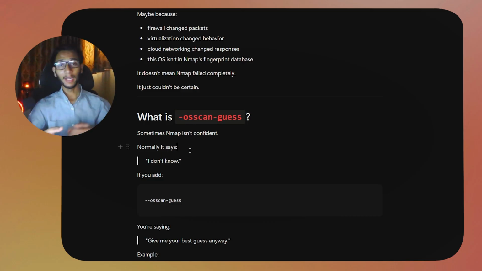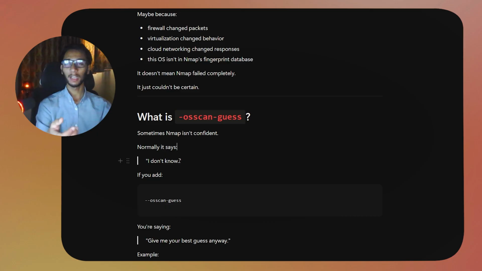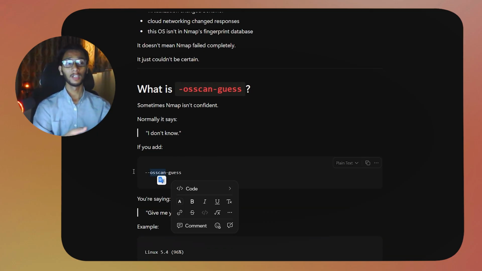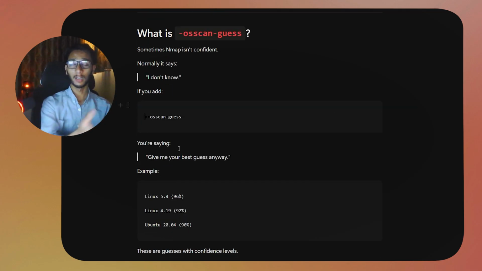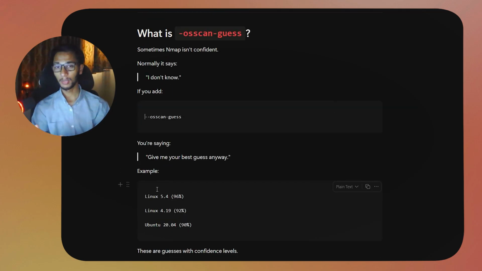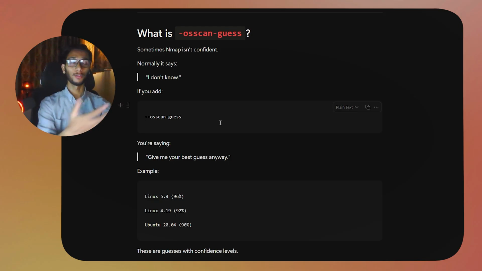Normally it will say I don't know what operating system it is, but if you add this option, it's like you are saying give me your best guess anyway based on the information you get. So based on that, Nmap will tell you that it might be this, or it might be this, or it might be this. So these are the guesses it makes. Hope you get the idea how all these things work.